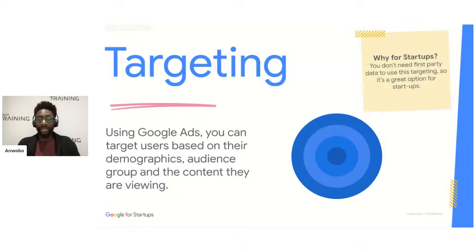You don't actually need any of that data to have been collected yourself. Because we are using Google Ads, we have access to all of Google's targeting features. They allow you to target users based on their demographics, their audience groups, and the content that they are viewing as well. These are all options that are available to every single advertiser.